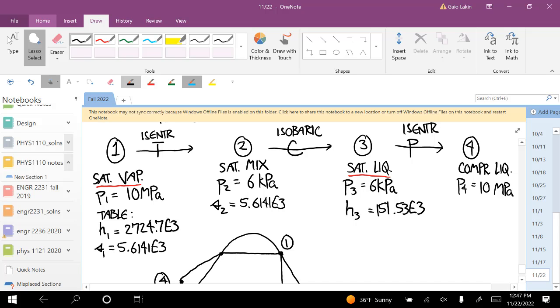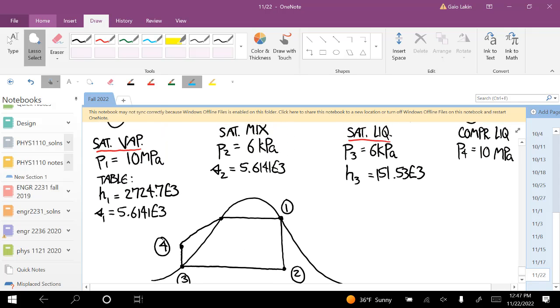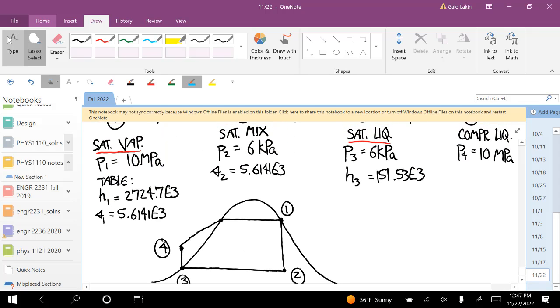So what we can do is look up the saturated liquid entropy, look up the saturated vapor entropy, and use our known specific entropy to find the quality. Okay, that's always the approach for these. Okay, so we got that.